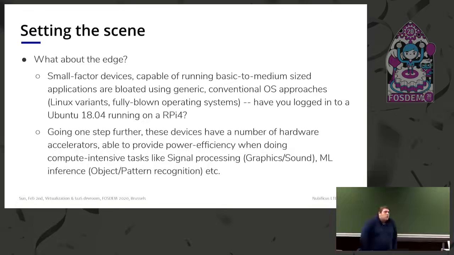But if we try to run this kind of stuff on a low power device, on a Raspberry Pi, on an NVIDIA Jetson board, we're getting issues. There seems to be a lot of contention in these kind of boards. Additionally, these boards are built to have extra hardware to be able to accelerate specific applications, like NPUs or GPUs specifically to handle ML workloads and stuff like that.